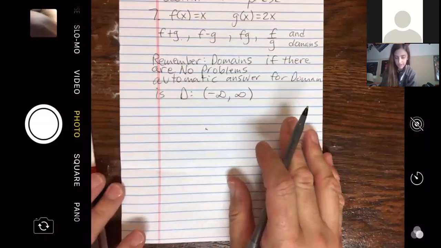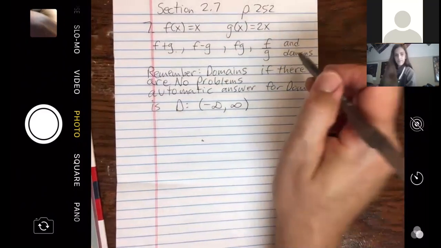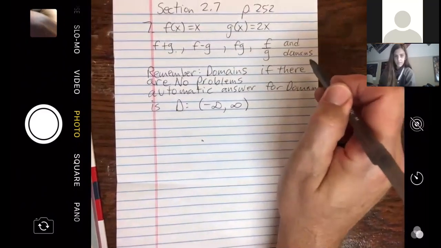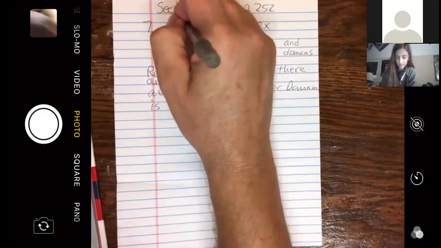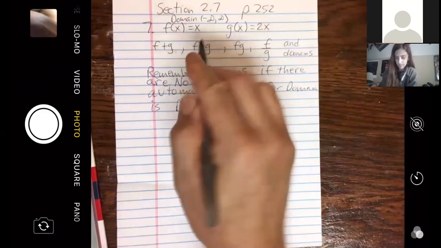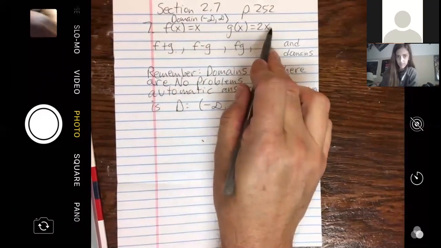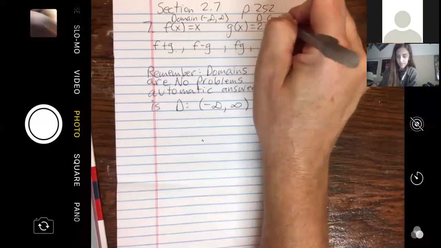All right, what we'll do is we'll write down each of these 4 things and the domain with it. Notice that individually, your domain up here is negative infinity to infinity. Neither one of these things have problems. They don't have a square root, they don't have a fraction.